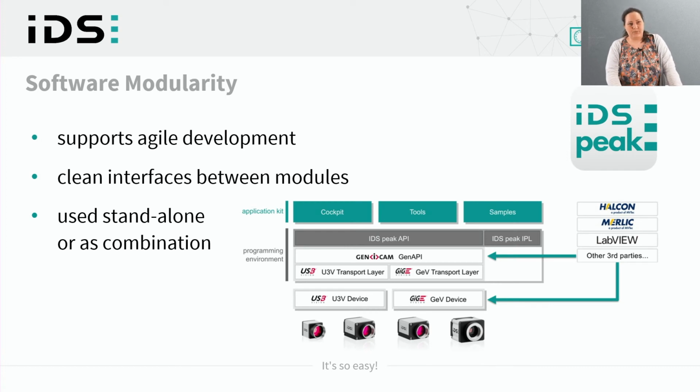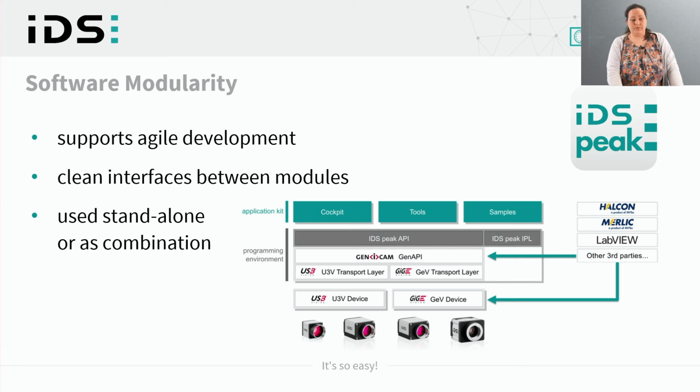Another important fact when developing software is software modularity. Modularity in this case means that you can use the parts of the SDK that you need for your application and leave the others away. This supports agile development, and it requires a clean interface between the modules.